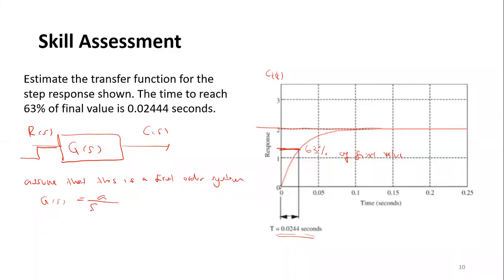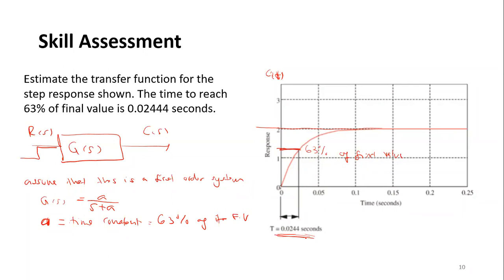Okay, so you know that A is the time constant, which is the time for the output response here to reach 63% of the final value. So in this case, the time constant A is 0.0244 seconds.